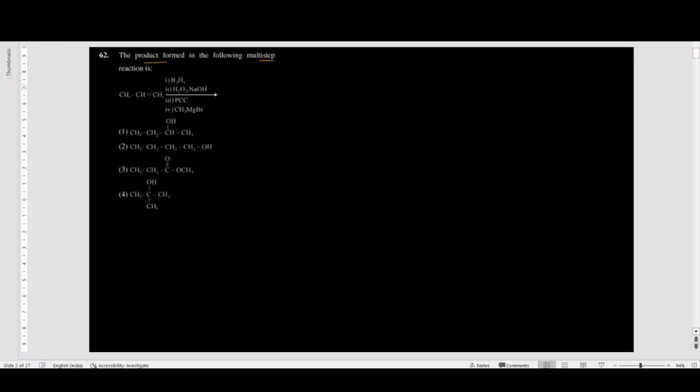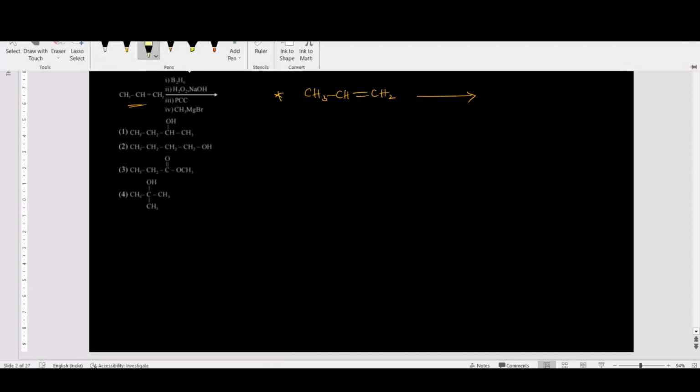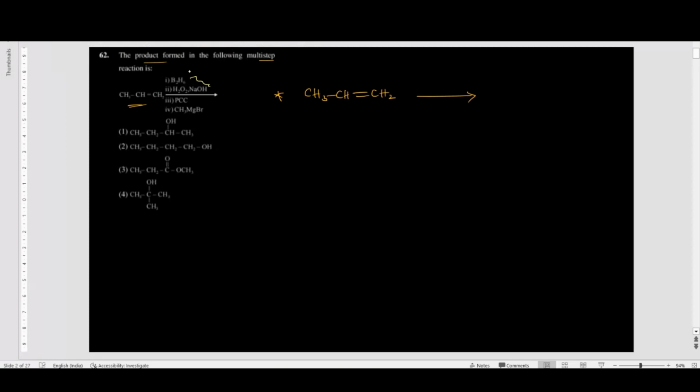They have given propene, CH3 CH double bond CH2, here it is a double bond. And first reagent they have given is B2H6, and then H2O2 and NaOH. This is a hydroboration oxidation reaction.